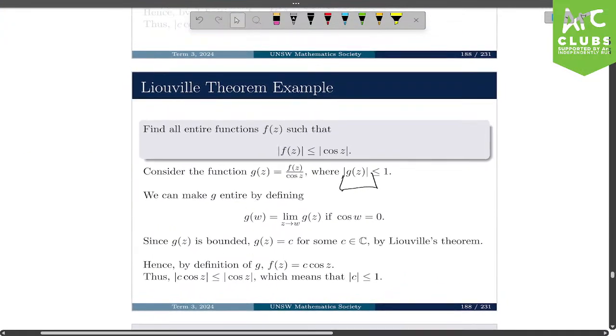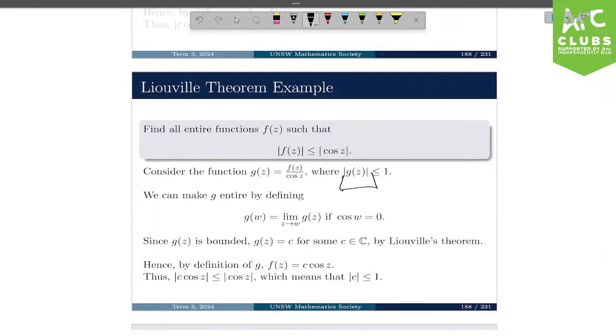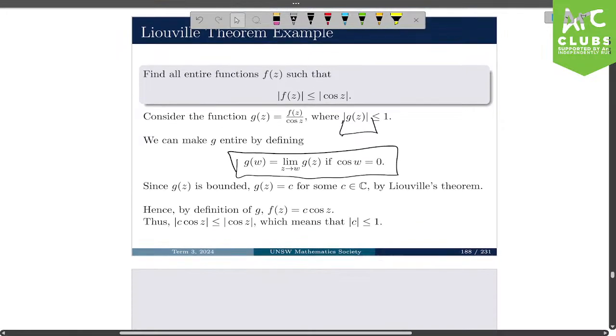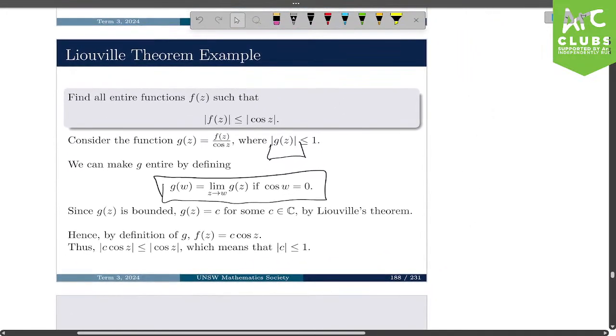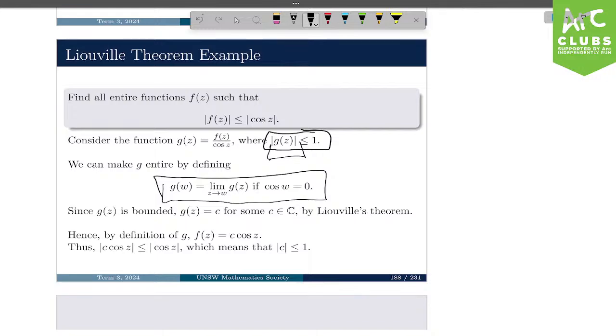So, if we go forwards and define any point g of w as the limit point, then we can say that over here, g is bounded. Fantastic. As a composition, it is also entire. It must be constant.